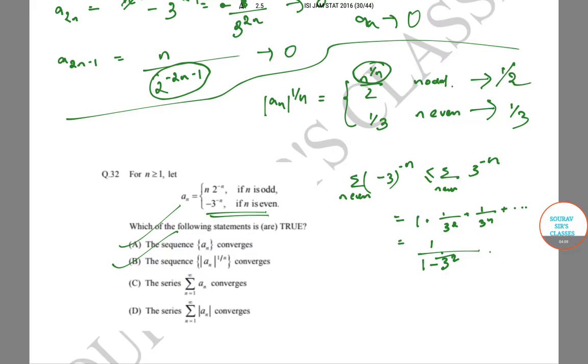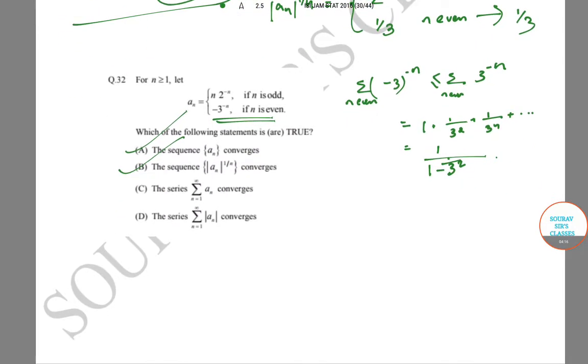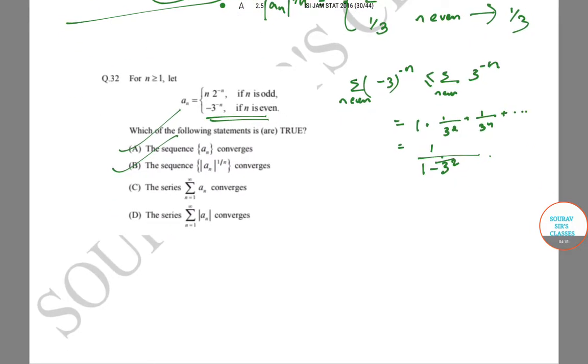And so we see the series consisting of the even terms converges. Now what about the series of n times 2 to the power minus n, if n is odd?